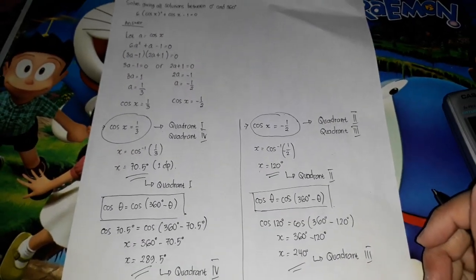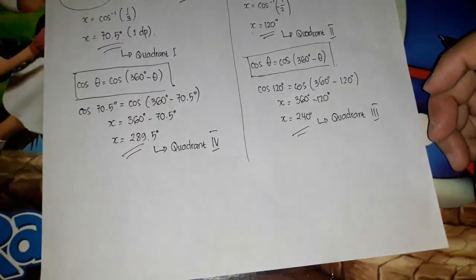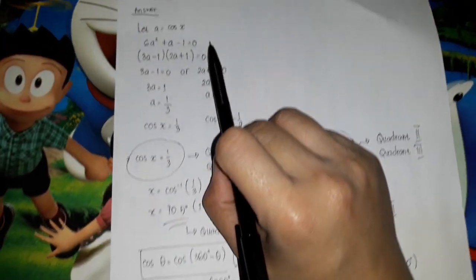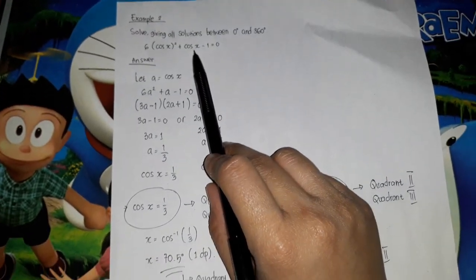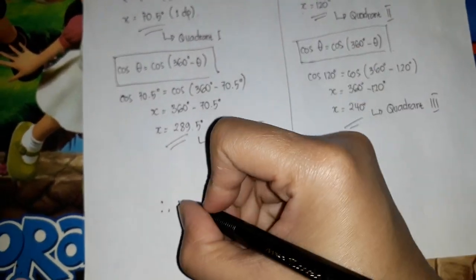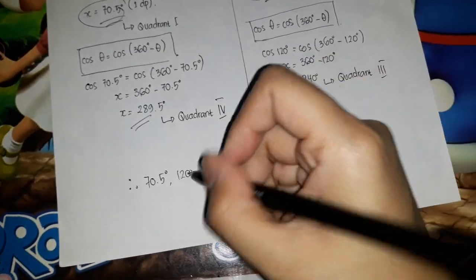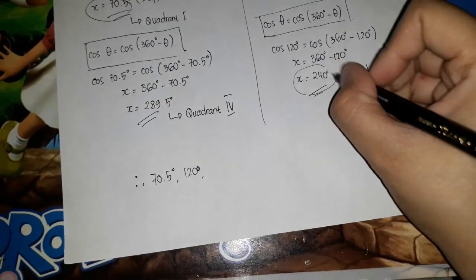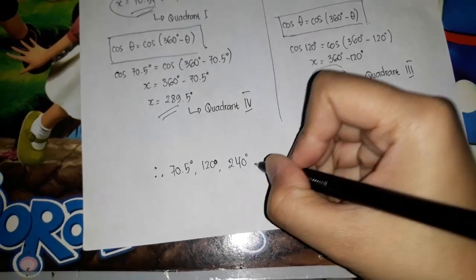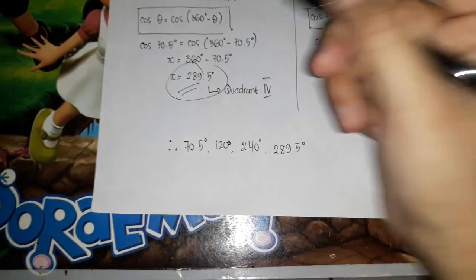So all solutions between 0 degrees and 360 degrees for this equation are 70.5 degrees and then 120 degrees and then 240 degrees and 289.5 degrees.